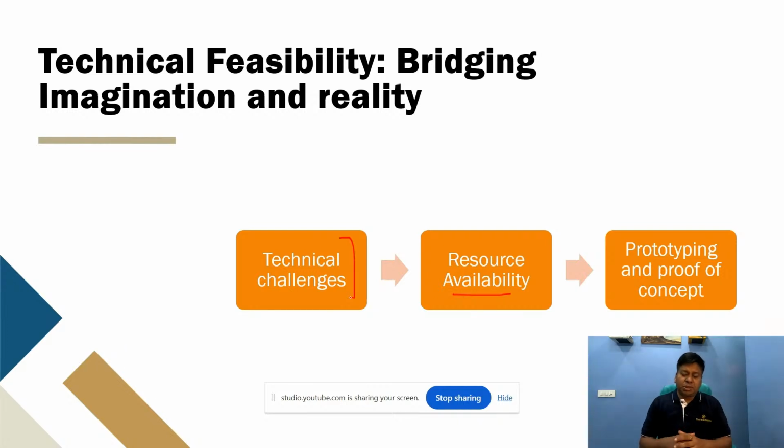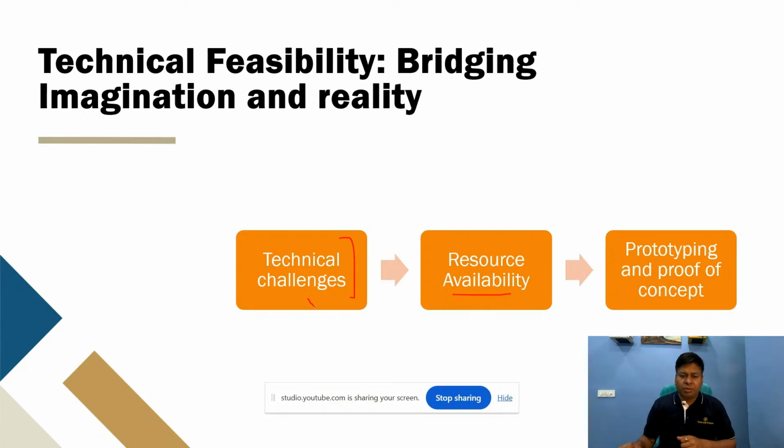There may be a possibility you have a great AI based product idea, but the access to skilled machine learning engineer, data, or infrastructure is not possible. To build an AI efficient tool, you need high processing chips, high processing servers, infrastructure. Do you have that? Or you can get it from somewhere. So think about resource availability.